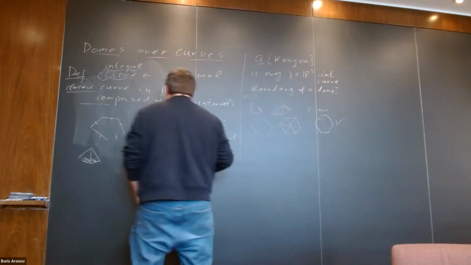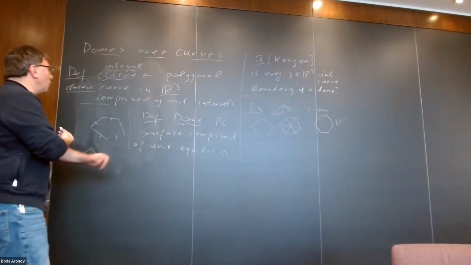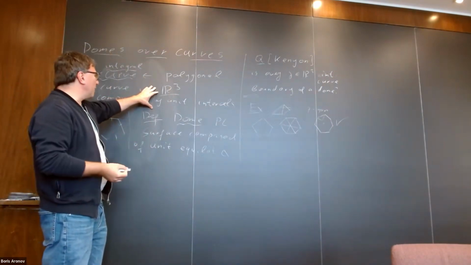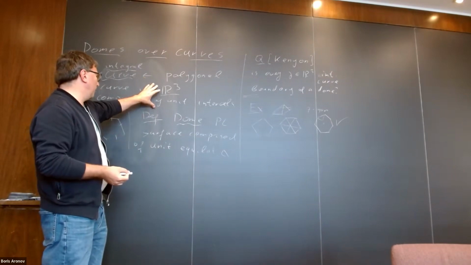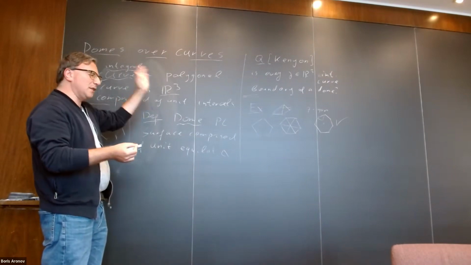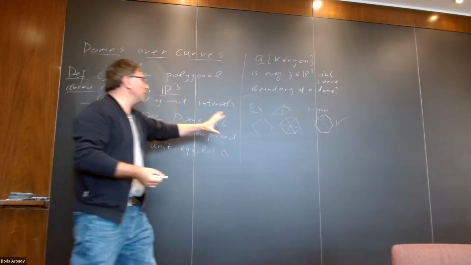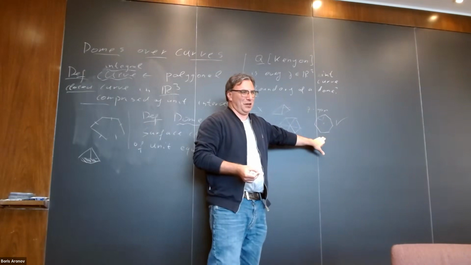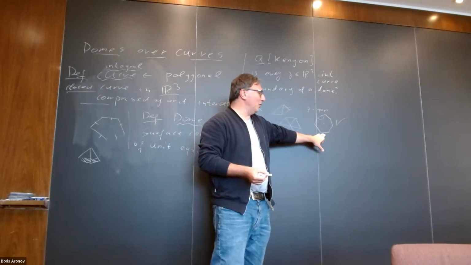You can make an immersed surface, which means a self-intersecting surface, comprised of unit triangles, but that's very hard to visualize. I'm not going to draw that for you. It's going to have a lot of triangles.